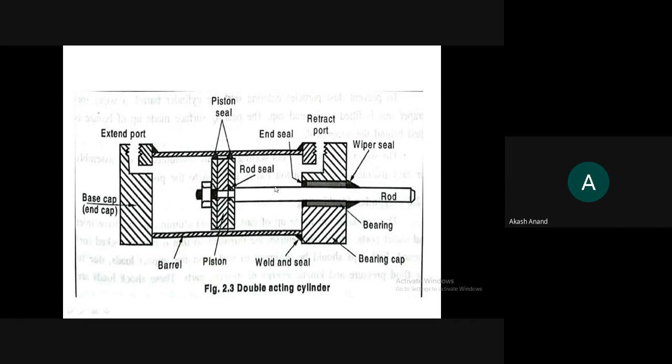You can just identify these parts: two ports for a double acting cylinder, seals, a rod, a piston, a barrel, a base cap or end cap, and a bearing cap. These are all the components of a double acting cylinder. We will get some detailed information in the upcoming section.